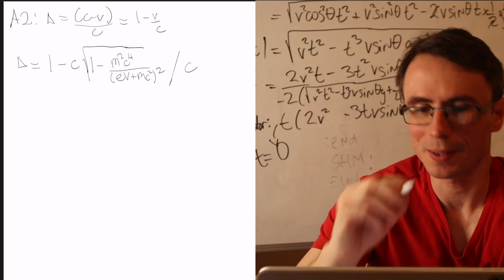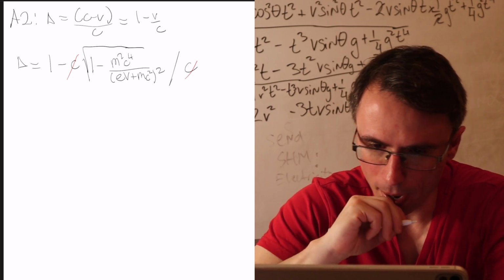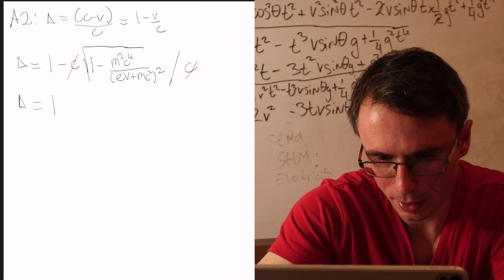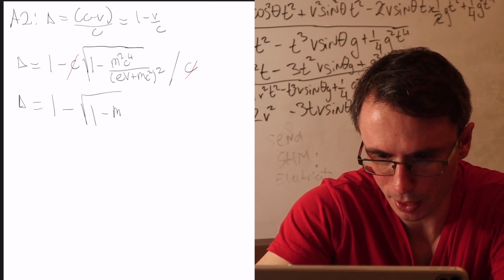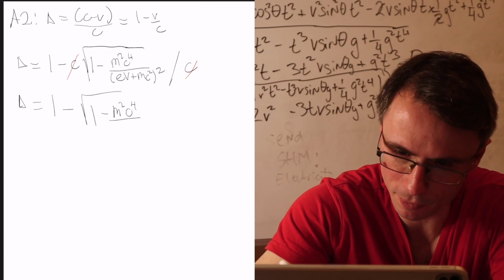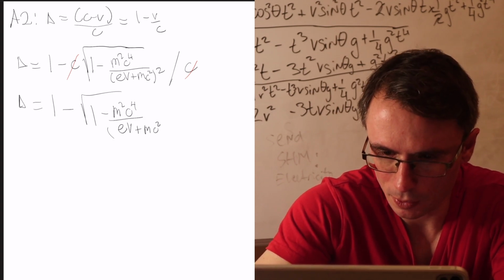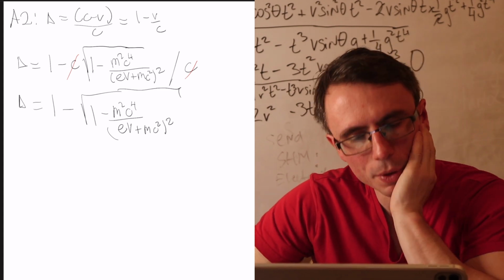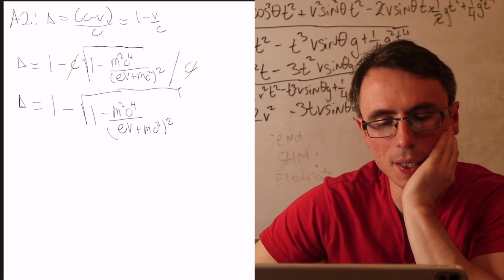Okay, as we can see, these are going to cancel out. And now what are we left with? We're left with delta is equal to 1 minus root of 1 minus m squared c to the power 4 over (ev plus mc squared) squared. Okay, so we want a first order approximation of this.